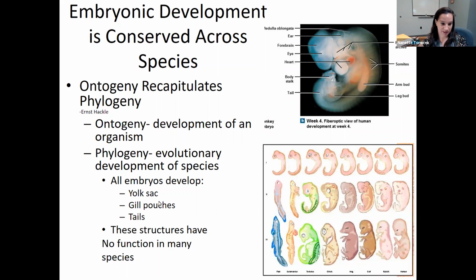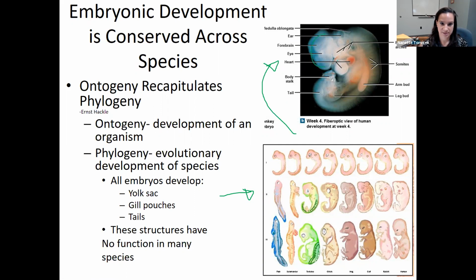However, let's just take animal development. If we look at these embryos here, and if you're not careful about how you interpret this figure, you might have already been a little bit fooled. This certainly looks like a bunch of embryos here. Let's just take a look at our human real quick from the beginning. This is about week 4, and we can see structures that we recognize.